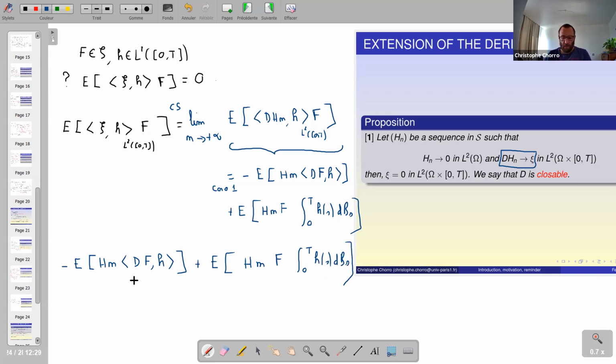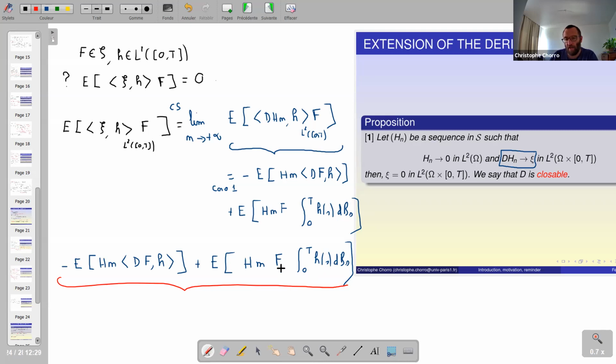So what can I say concerning this term? I have this one, and I am interested in the limit. But what do I know from the statement? I know from the statement that Hn goes to 0 in L2. This one is a random variable in L2. This product here is a random variable in L2 because I have something in S here.